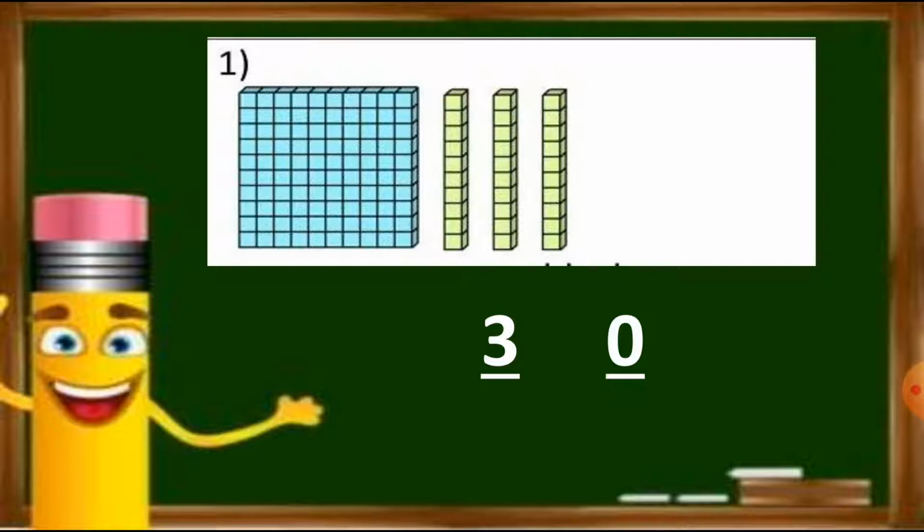Number 1 will come at the hundreds place. And how do we read this? As you know, 1 is at the hundreds place, so we can read this number as 130. I repeat, we can read this number as 130.